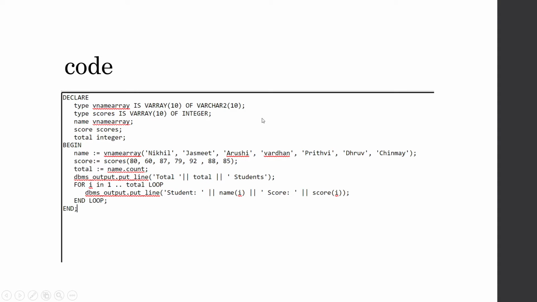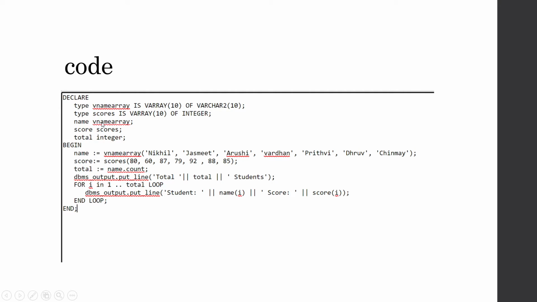Code in PL/SQL. We declare variables in the declare block and do all the work in the begin block. I have declared an array v_name_array with the help of type, which can take 10 elements of VARCHAR2 data type.